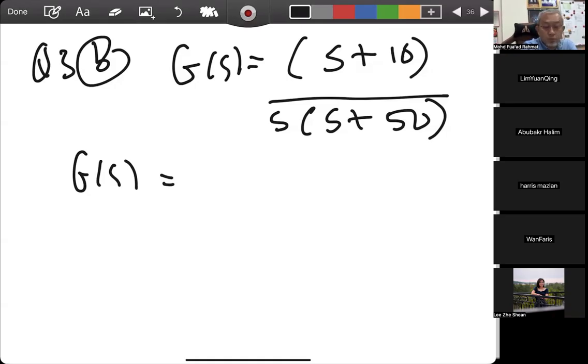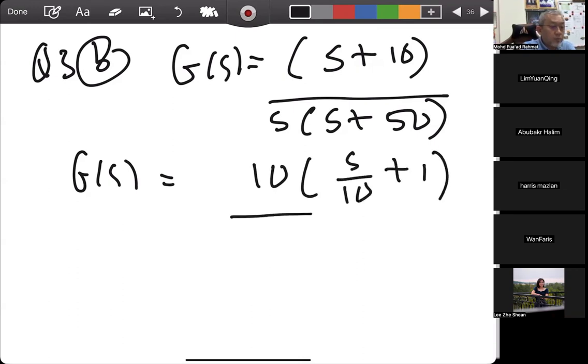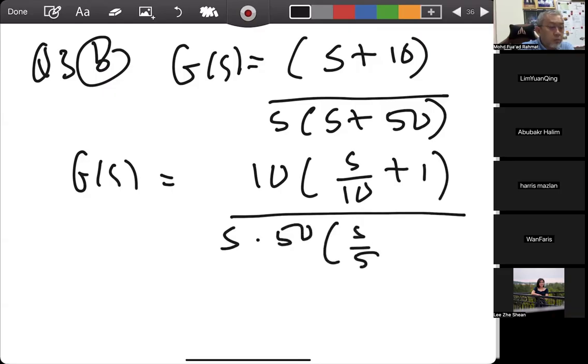So 10 s divided by 10 plus 1 will be cut into 5, 0.2.